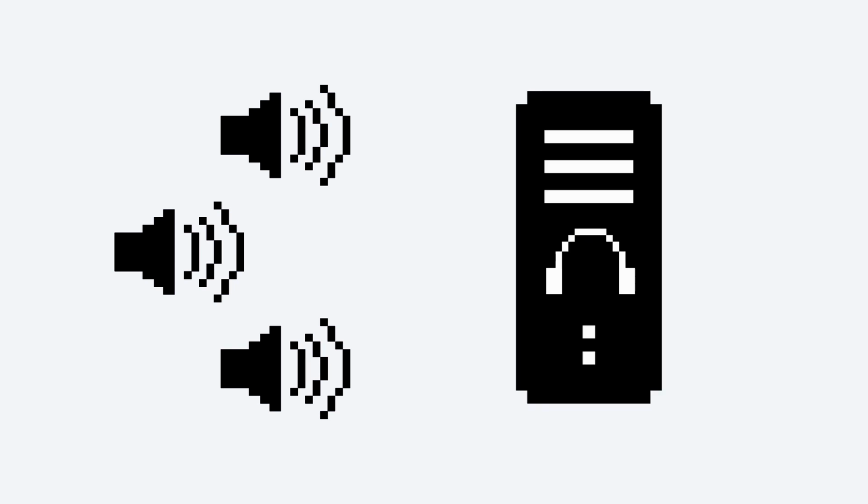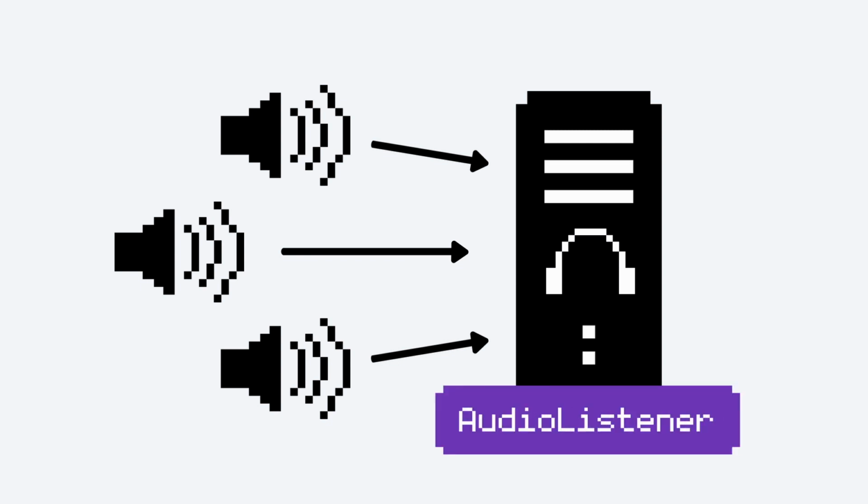You may have multiple audio sources in your scene, but you'll only have one audio listener at a time, because those are essentially like a proxy of the sound of your computer, and you have just one computer at a time. That's why, as we'll see in a second, the audio listener is automatically pre-created by Cubzh and readily available in any Cubzh game script as the audio listener variable.